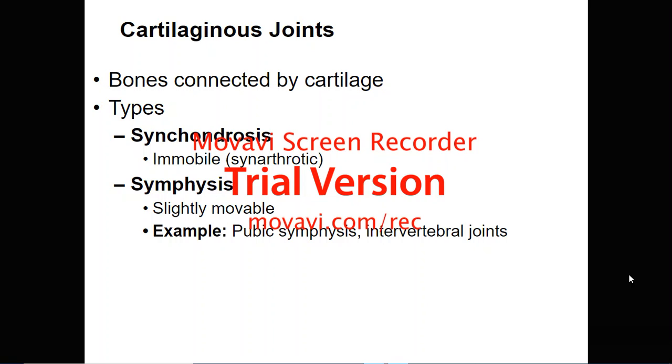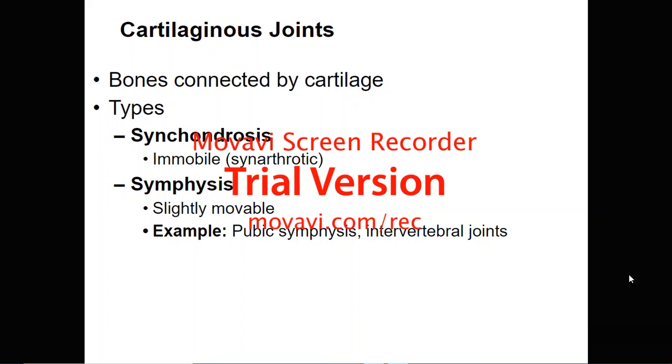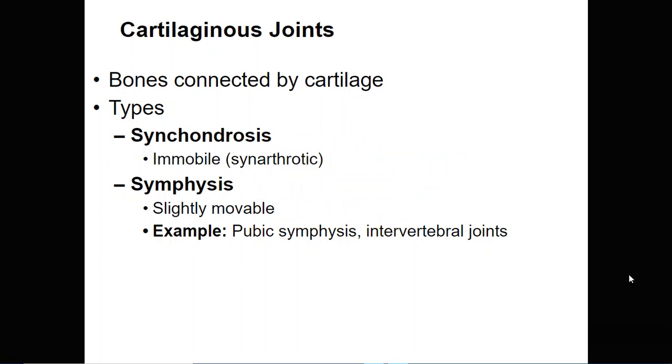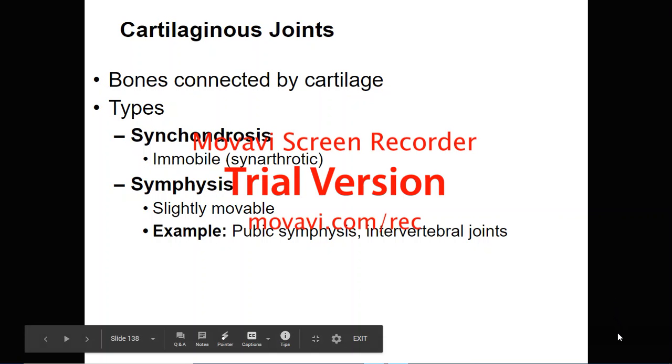And just like fibrous joints, they lack a joint cavity, and they are not very movable. The synchondrosis is immobile. That word, synarthrotic, all that means is that the synchondrosis joints are immobile, okay? And then with the symphysis joints, it's slightly movable. And again, we're going to talk about both of them in the next few slides in more detail.